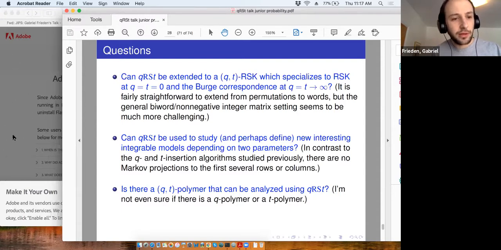Can you get from Plancherel, Jack Plancherel, to matrix beta? There are works about beta Plancherel by Alex Moll. Let me write this up.